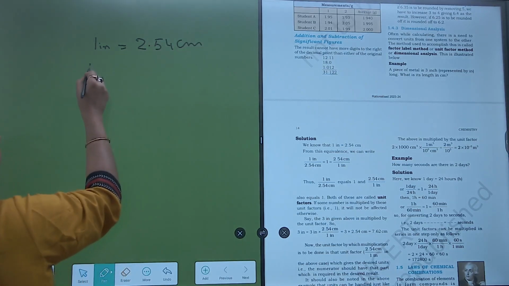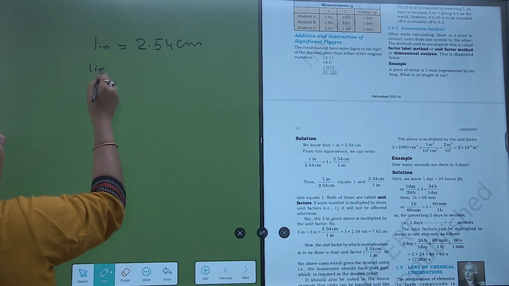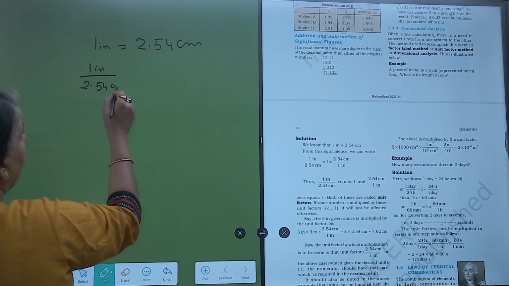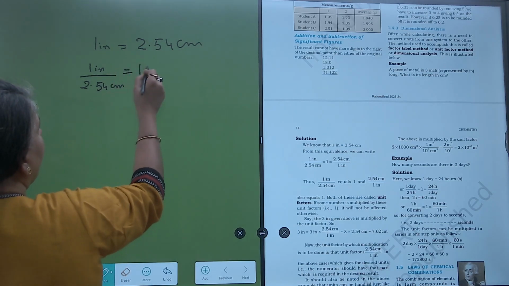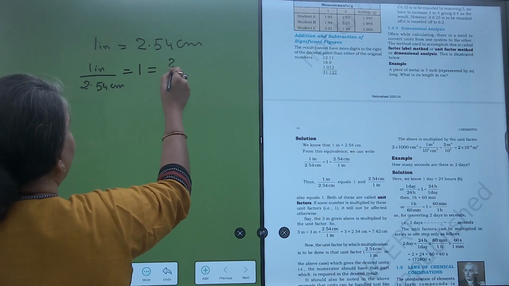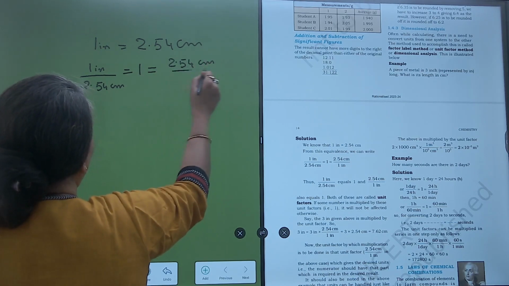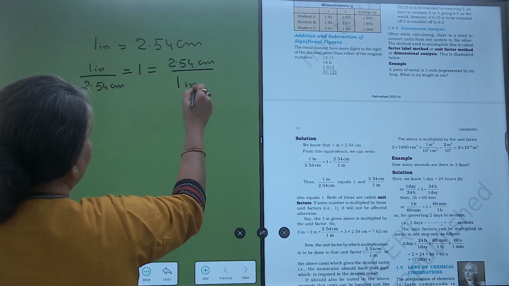Again, this can be written as 1 inch upon 2.54 centimeter, which equals 1, or you can reverse and write 2.54 centimeter upon 1 inch.